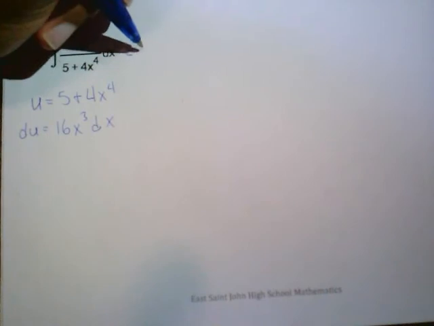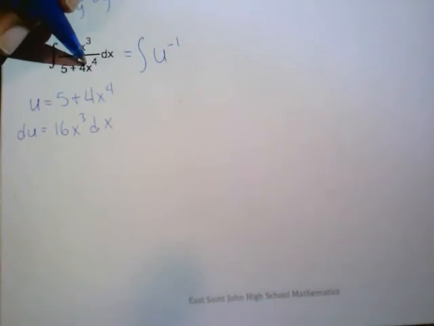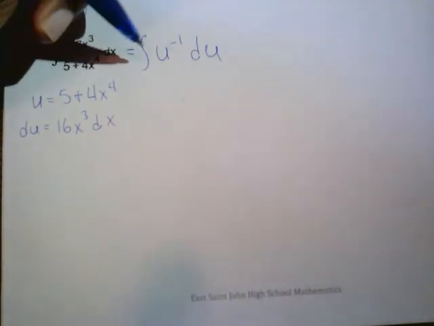So this equals the integral of u to the negative first power. We're taking the 5 plus 4x to the fourth, and we're just raising it to the negative first power because it was in the denominator, du, and then we use our simple rule here.